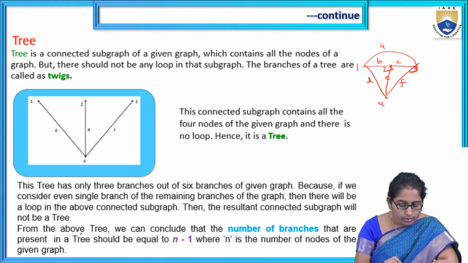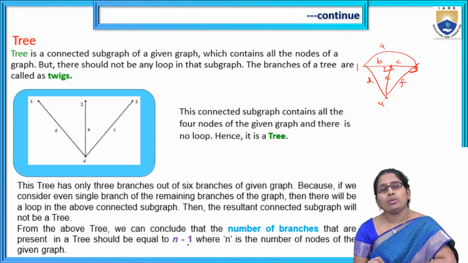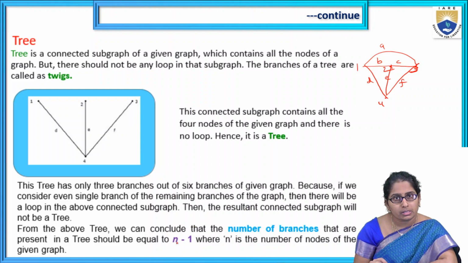Now from the above tree, we conclude that the number of branches that are present in the tree should be equal to n minus 1. Where n is the number of nodes of the given graph.